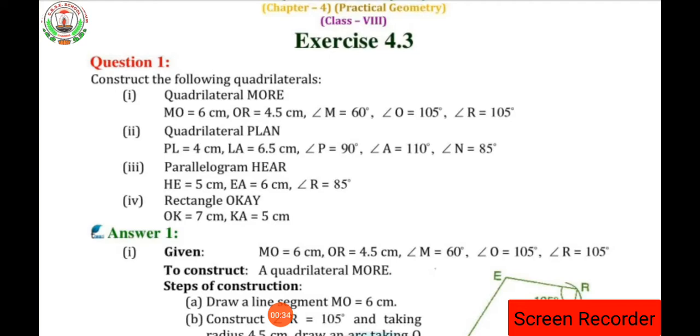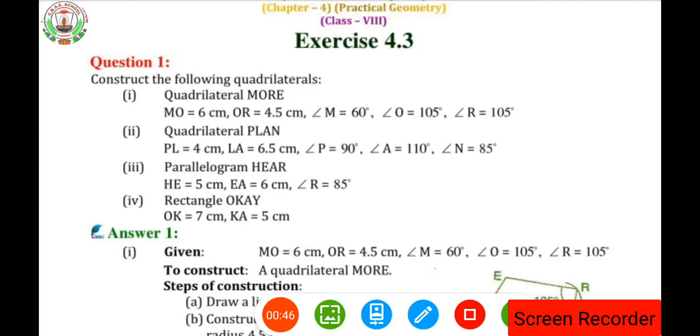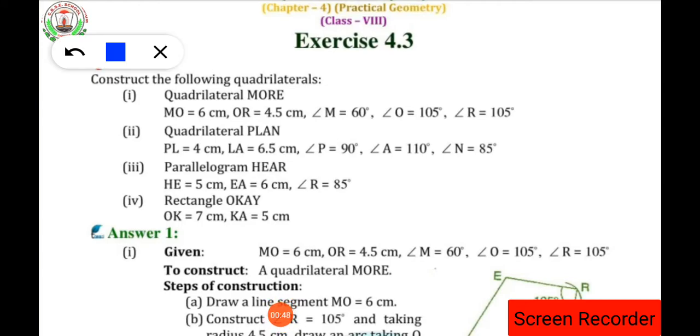Clear? So here we have to construct four things. First question is construct the following quadrilateral. Quadrilateral name is MORE, where the measurement of sides MO and OR is given as 6 centimeter and 4.5 centimeter respectively.